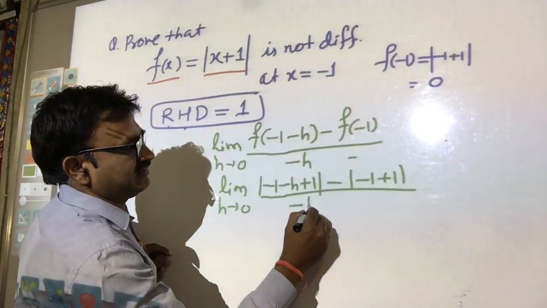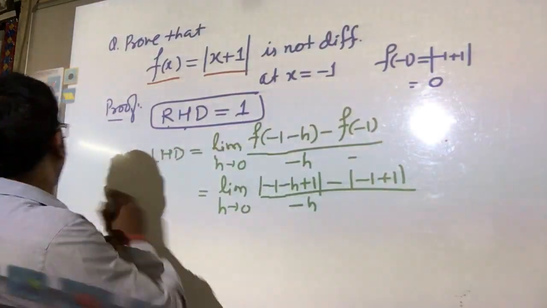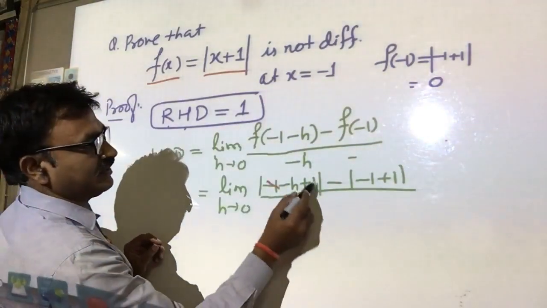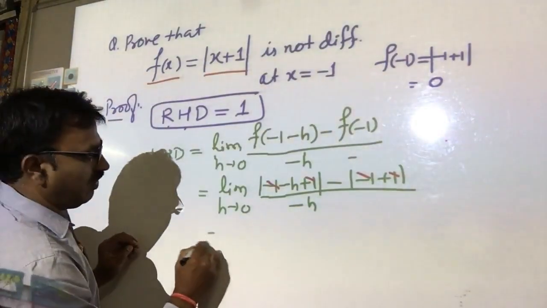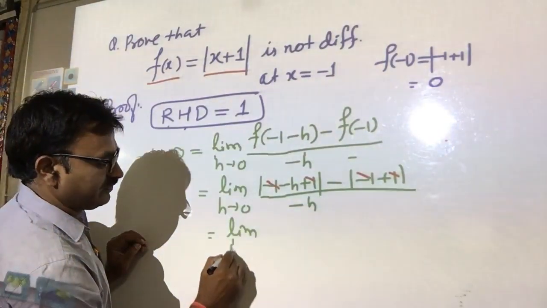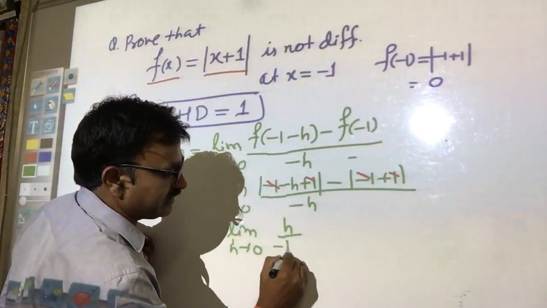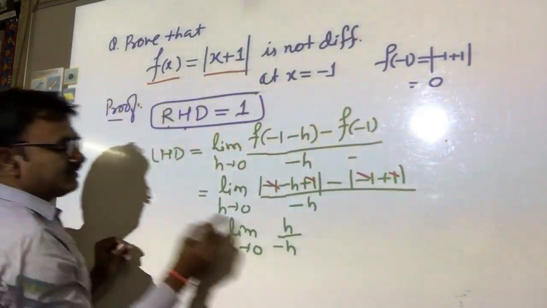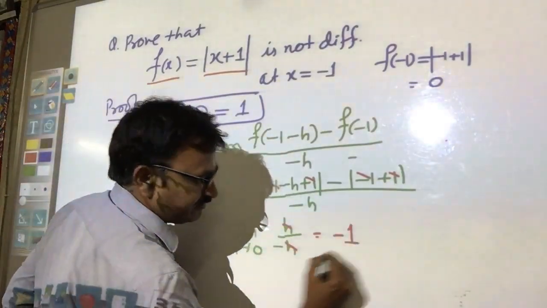We only have to replace the value of x in the function. Again you can see -1 and +1 cancel, -1 and +1 cancel here, and mod of h is plus h, divided by minus h. H will be cancelled by h and minus 1 will be the answer.